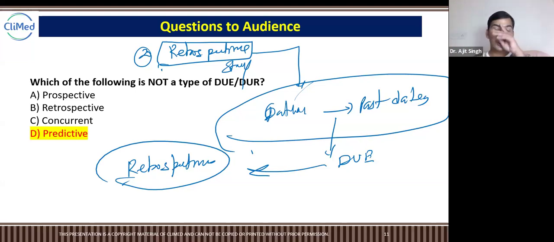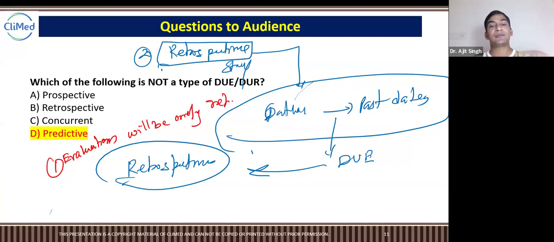You can evaluate those drug prescriptions, but here is one more very important thing to understand. The evaluation will be only retrospective, because you are doing it after prescription, after dispensing, even after administration. The patient has taken the drug and you are taking the data from the past.